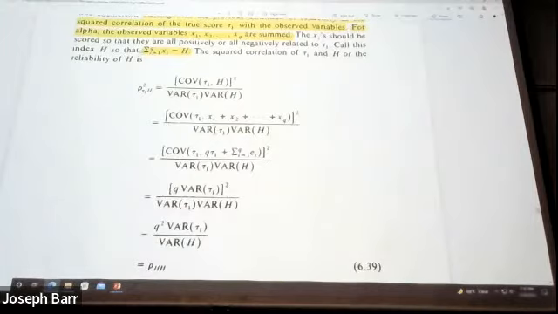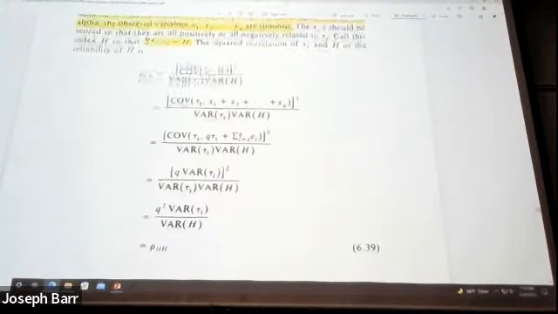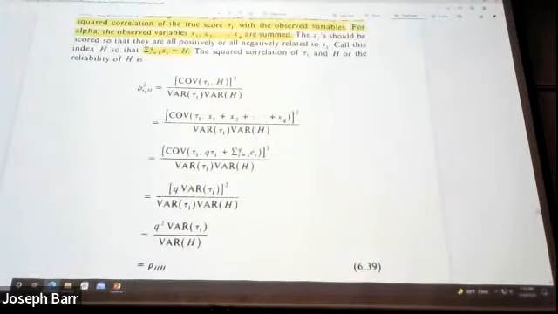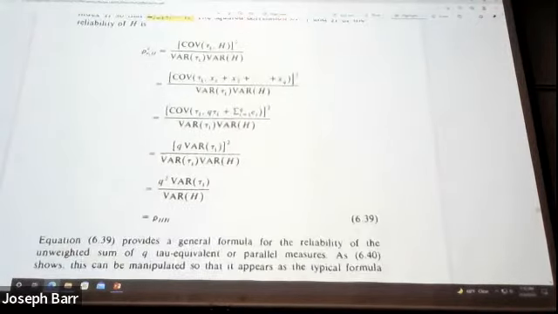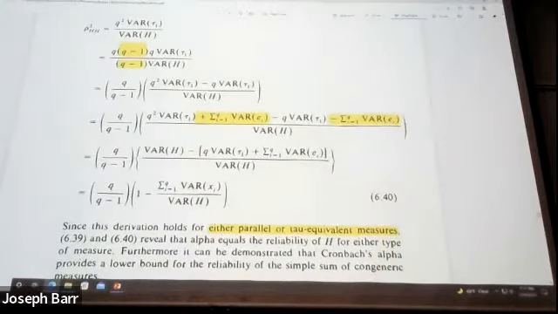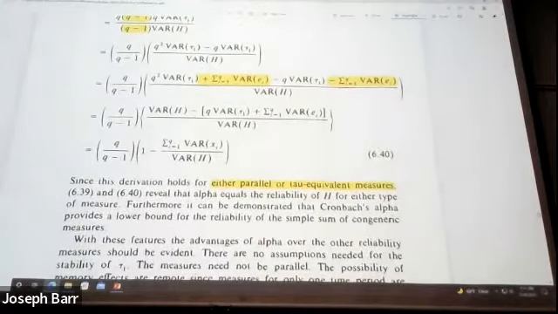So H is the sum score of all items, and we just start from the squared correlation between the true score and the sum score, the sum of the observed score. We use the definition, do the derivation, and of course use some tricks. Here we have some tricks, and finally, we have the formula.